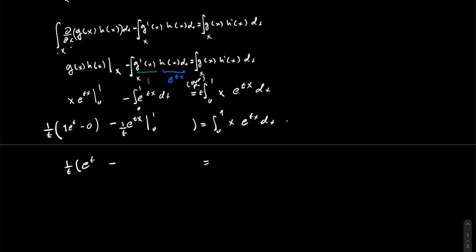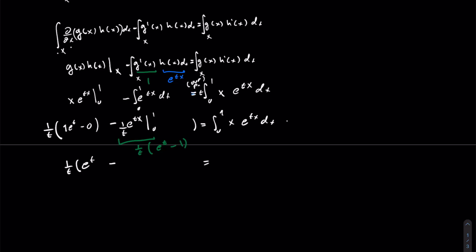minus. Right, and let's just evaluate this expression first. And that is e to the t minus 1. Correct? Let's see. Let's do it again. e to the t times 1, right, minus 1 exactly. Yeah, that looks good.